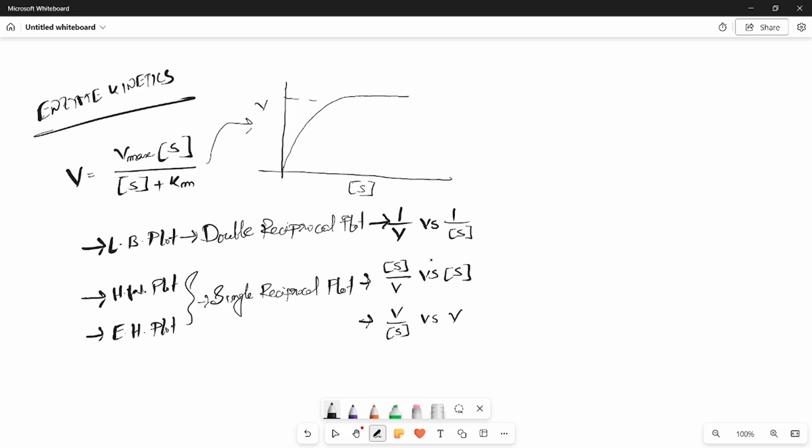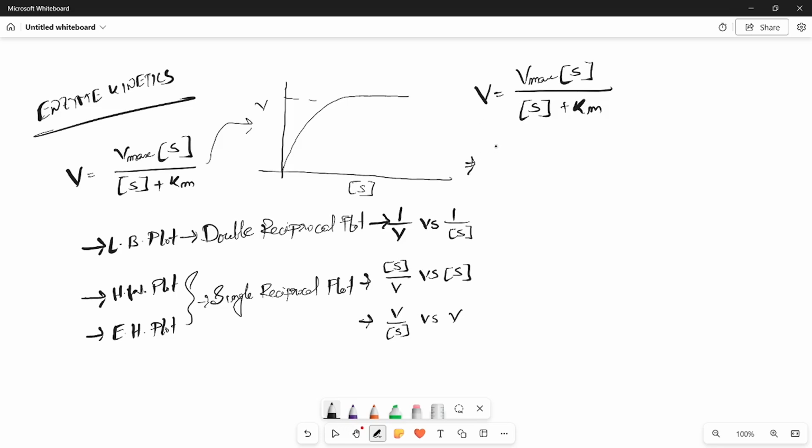First let's talk about the Lineweaver-Burk plot, which is the most important, also called the double reciprocal plot. The derived equation is V equals Vmax divided by S plus Km.